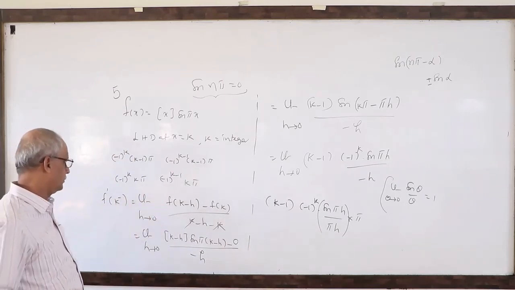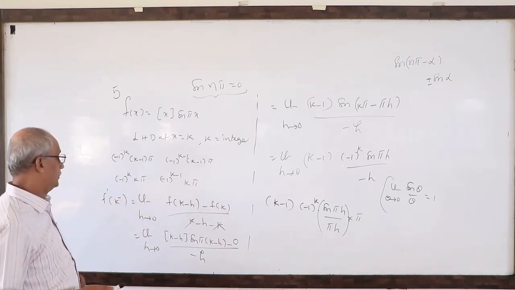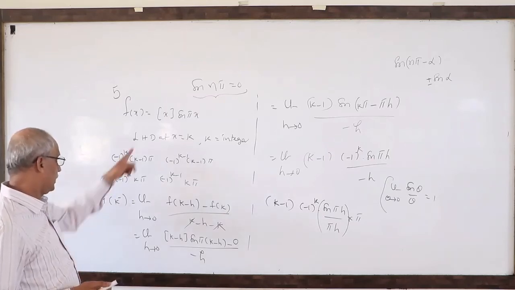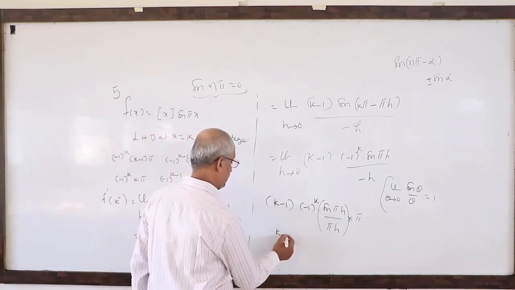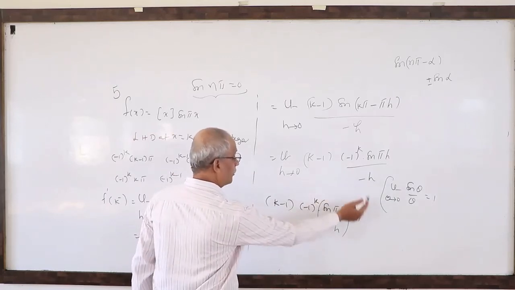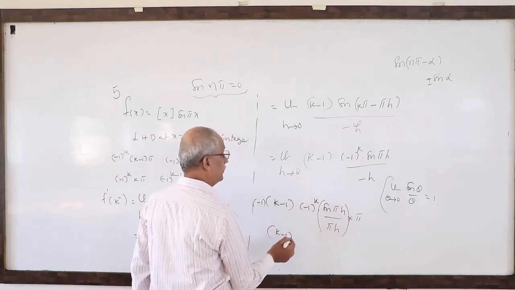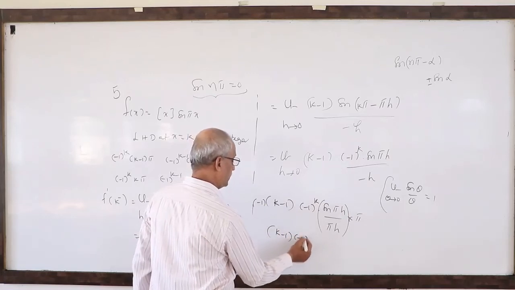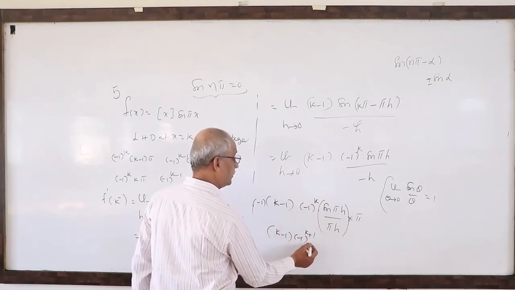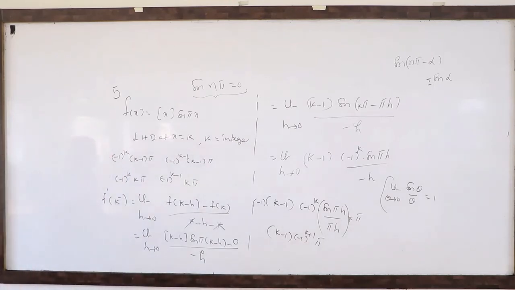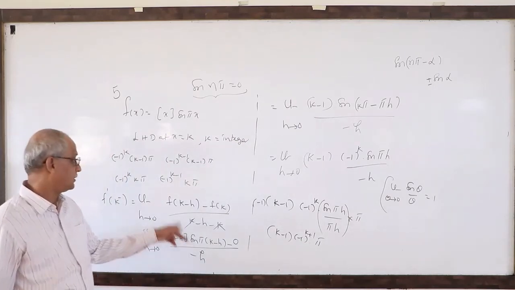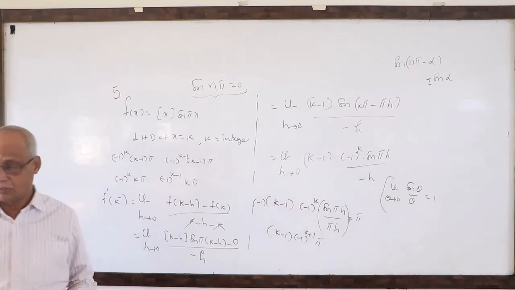Anyway, we are doing it. Actually, 1 minus I have to write. Minus 1 power k plus 1 into pi, this is the answer. If they give right hand derivative, it becomes plus, then the answer is given. Okay, that is not a big issue.